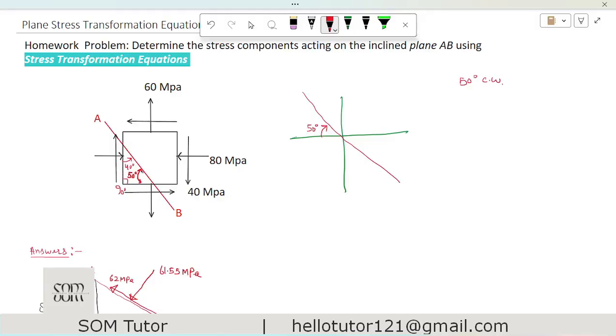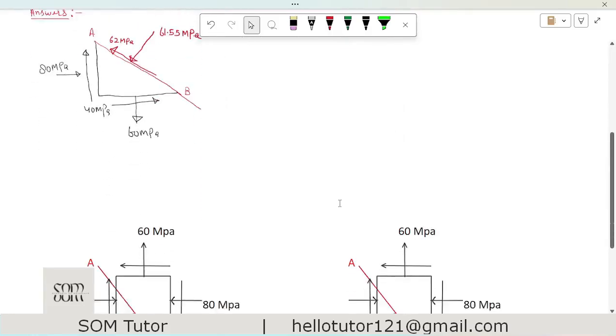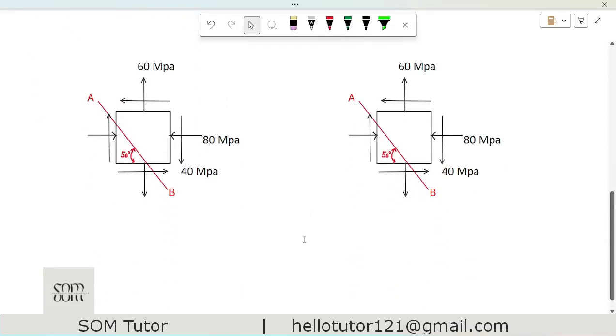So first I will assume the 50 degrees clockwise rotation, then I will assume the 40 degrees anti-clockwise, and as it is an assumption, both ways we should get the same answer. So let us try both ways.